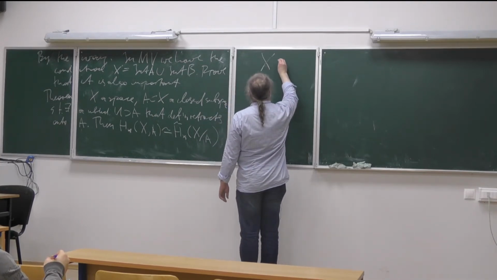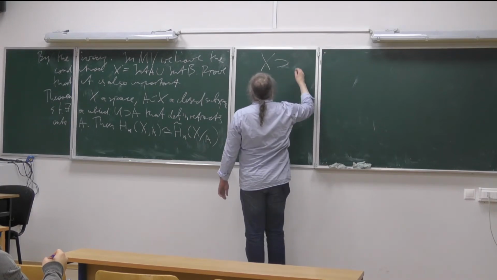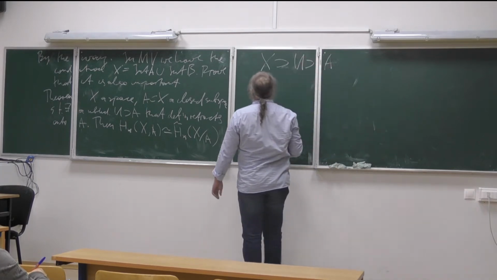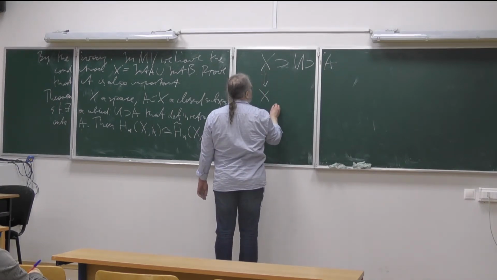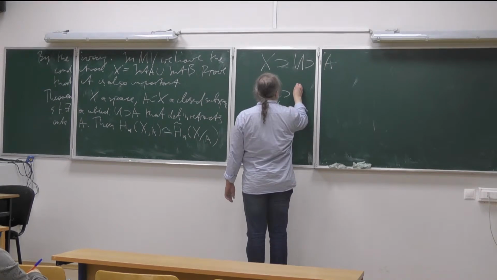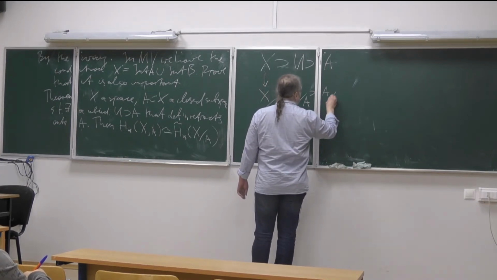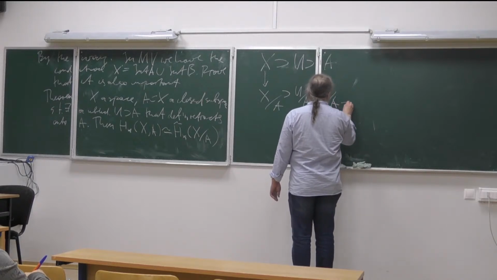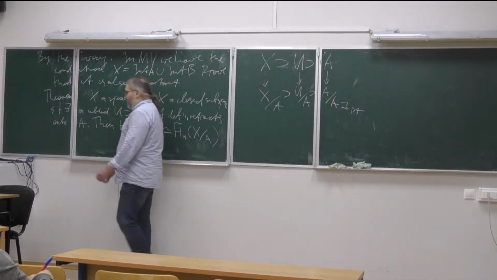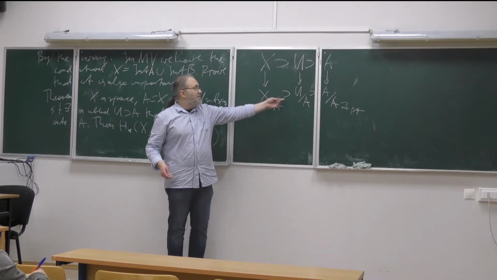Well, I have X. X contains A, but it also contains U, and U contains A. Then X by A is something, U by A is something, but A by A is a point.